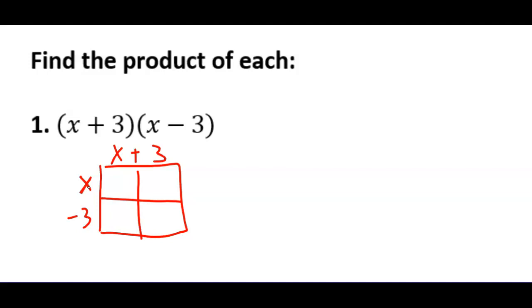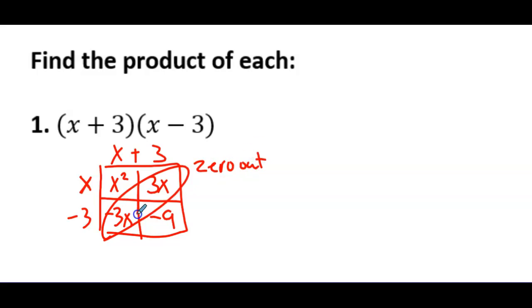So x times x is x squared. x times positive 3 gives me 3x. And then negative 3 times x gives me negative 3x. And negative 3 times positive 3 gives me negative 9. Okay? These right here are going to zero out.